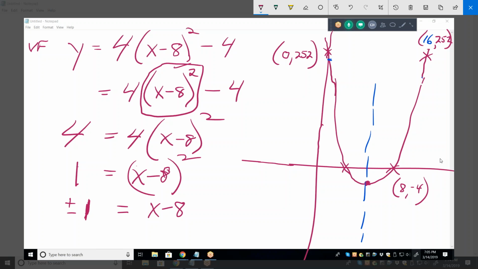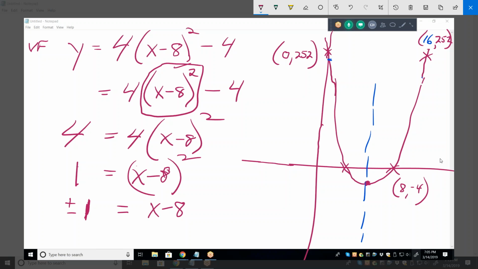The rule I try to get students to believe is that if you are solving an equation by taking the square root of both sides, always, 100% of the time, let your answer begin with the words plus or minus. Because most people don't put it in there, they forget. Notice that minus 1 squared is 1. So is plus 1 squared, it's 1. So the square root of 1 is plus or minus 1.